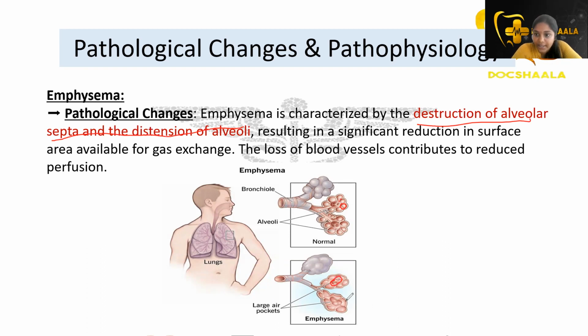Air fills the alveoli, the alveolar septum is destroyed, and the alveoli become enlarged due to the presence of air, resulting in a significant reduction in surface area for the exchange of gases. The loss of blood vessels contributes to reduced perfusion. So this is the pathology behind emphysema.